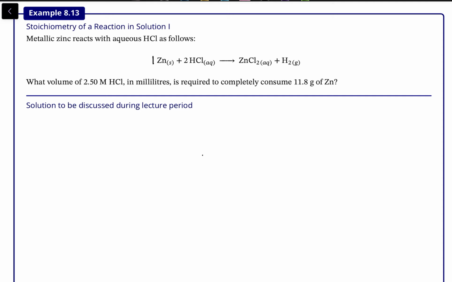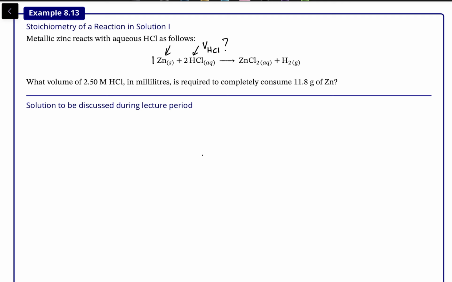So we're given information about both the reactants, right? We're given the mass of the zinc and the concentration of the hydrochloric acid solution. And we're asked eventually what is the volume of hydrochloric acid that we need to add to completely react with all of the zinc.